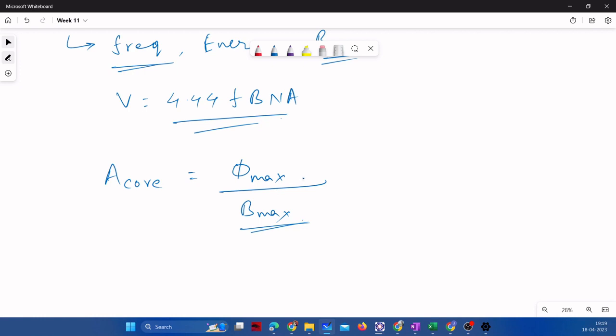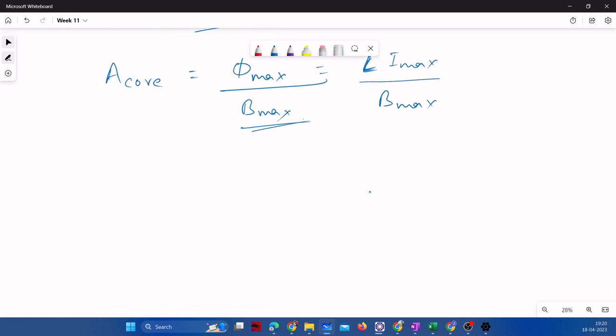Now again, the flux will be dependent on whether the device is an inductor or a transformer. So for an inductor, phi max will be L into I max. Now you have I max, you have L. If you want higher flux, you will provide appropriate current, right? Let me draw it.